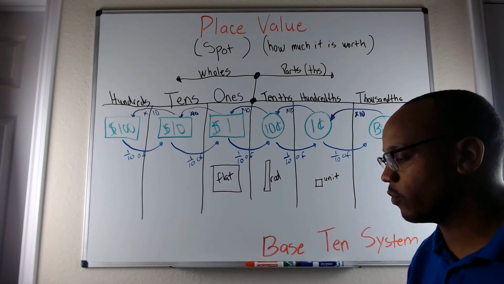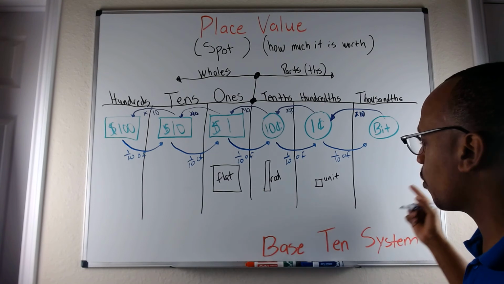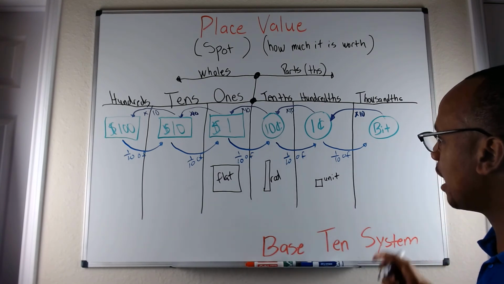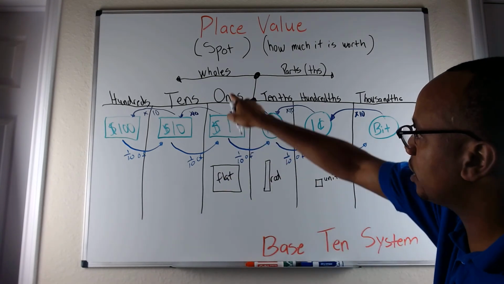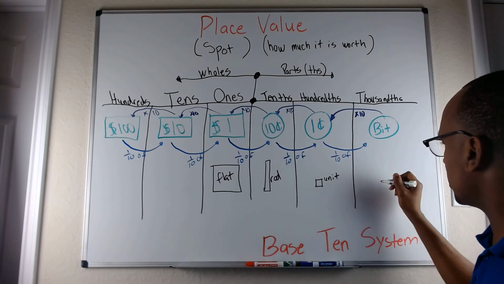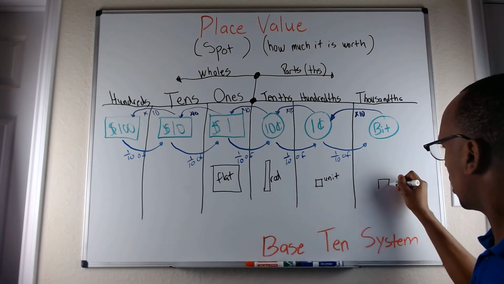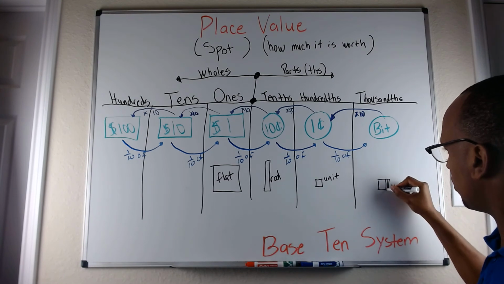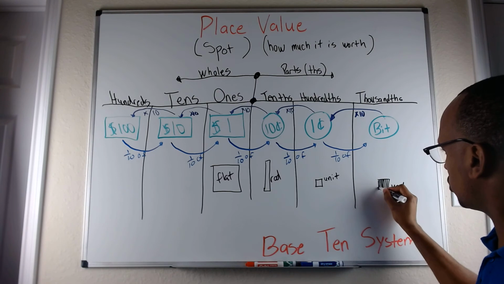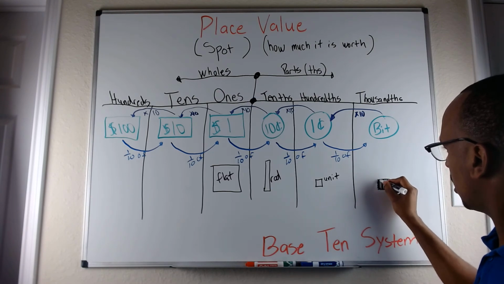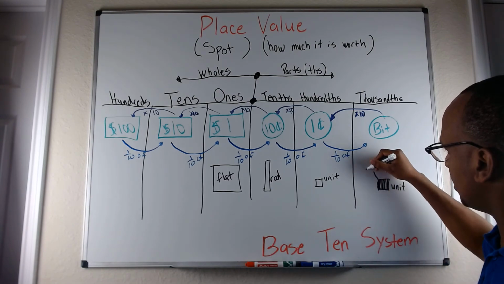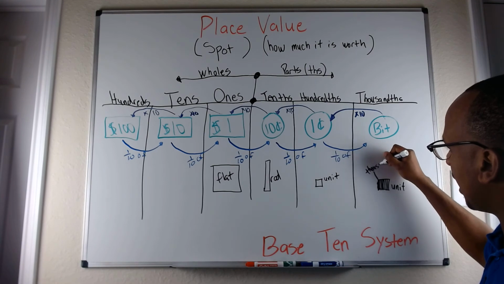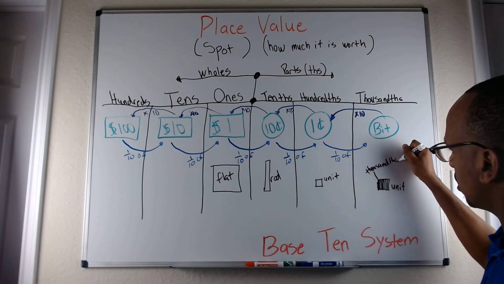Now, in some 5th grade problems, you'll have a unit broken into 10 pieces to represent thousandths if the flat is equal to one whole. So you'll see this unit, but you'll see it decomposed into 10 pieces. All right? And then you'll see them shade one piece. Well, this one piece is representing the thousandths place.